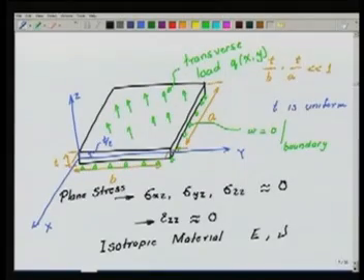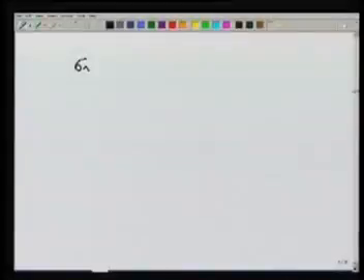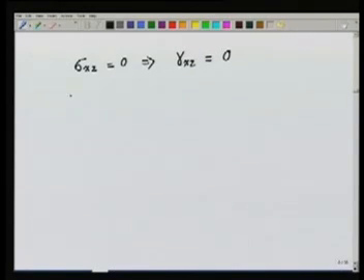If I go ahead and expand what we have made as our assumptions, sigma xz equal to 0 implies the engineering strain gamma xz is also equal to 0. Sigma yz is equal to 0, which implies the engineering strain gamma yz is equal to 0.